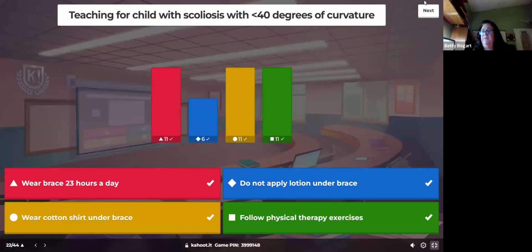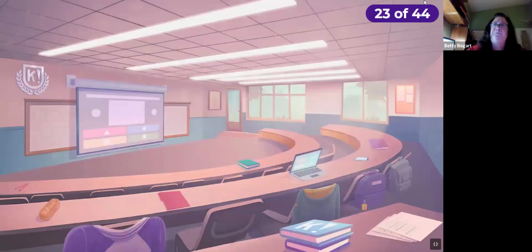Absolutely. Physical therapy for sure. And they don't want you to put lotion and stuff underneath there because it creates an area where it can cause more irritation. Putting lotion on your body, then the cotton shirt, and then the brace on top is fine, but not putting it underneath the brace. No.